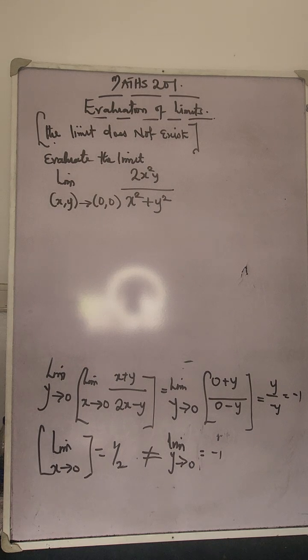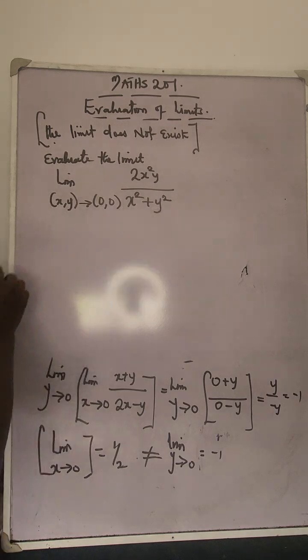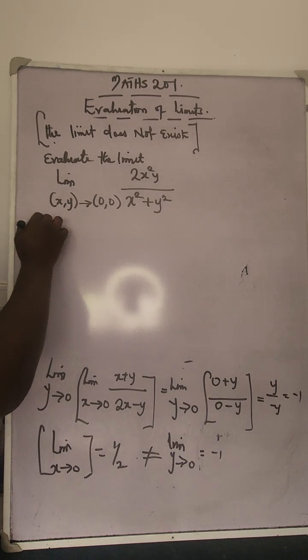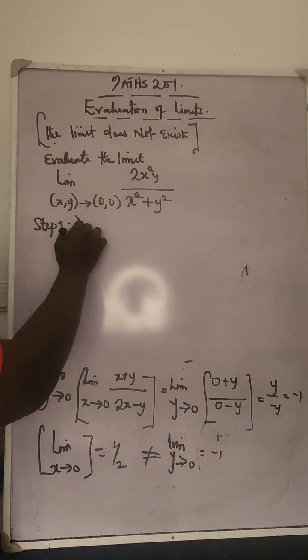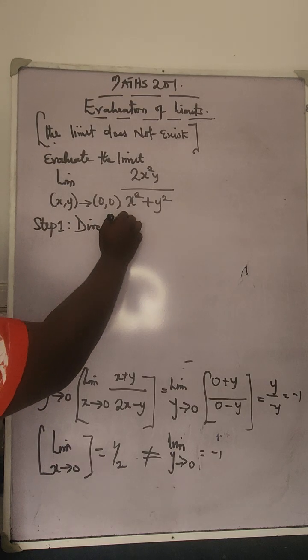Right? So what did I say? I said the first step when testing for a limit is to do a direct substitution.